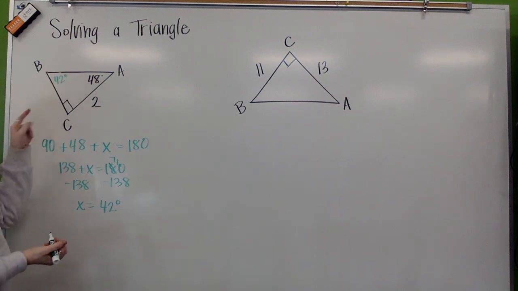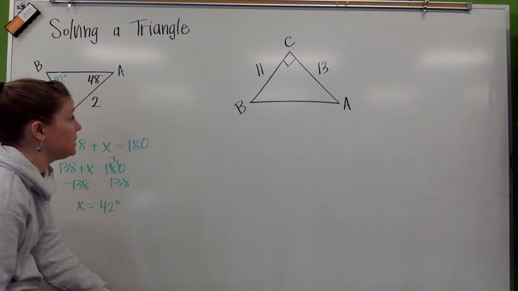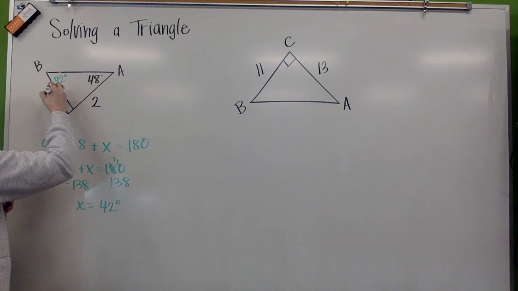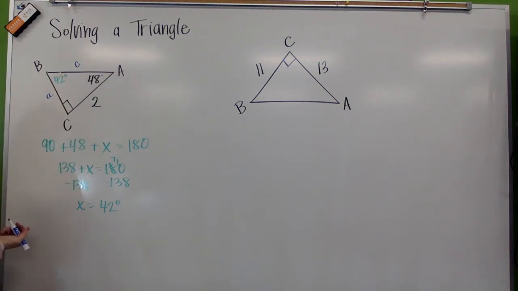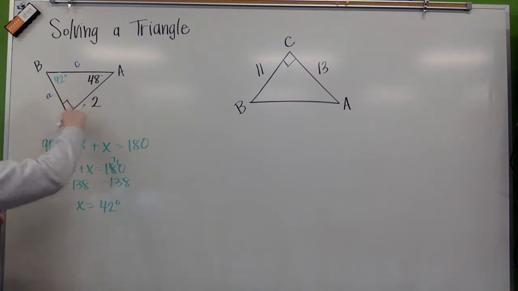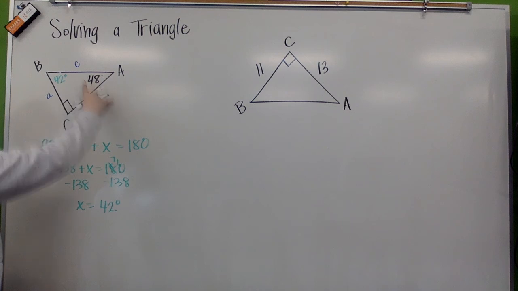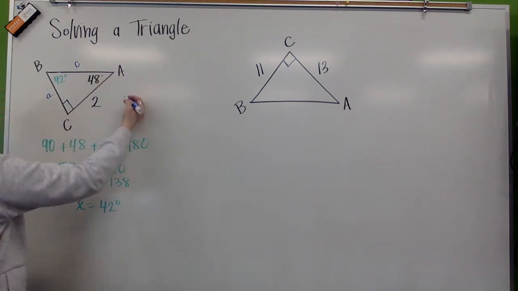Now we need to find the two missing sides. If we call these sides, say, this is opposite big A, so I'll call it little a. This one's opposite C, so little c. What's the relationship we could use to solve for one of the sides? Here, with 48 and 2, to solve for c, that could be cosine.